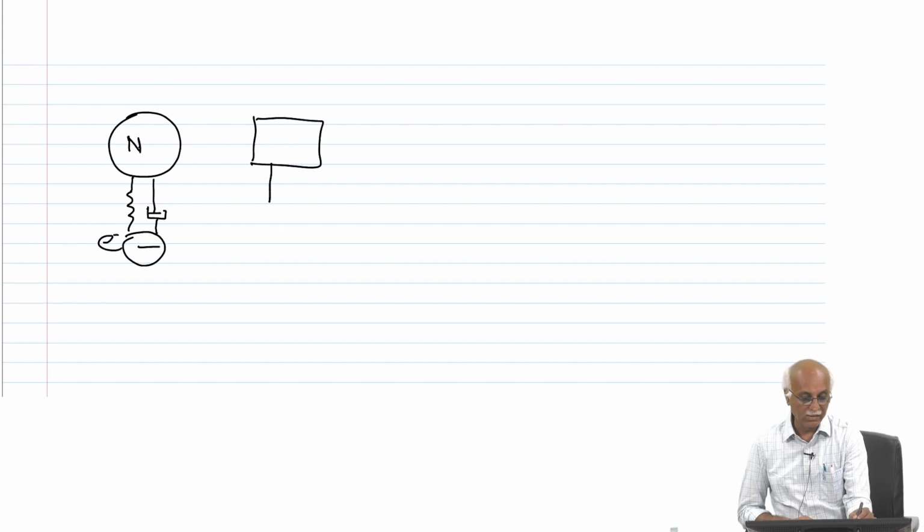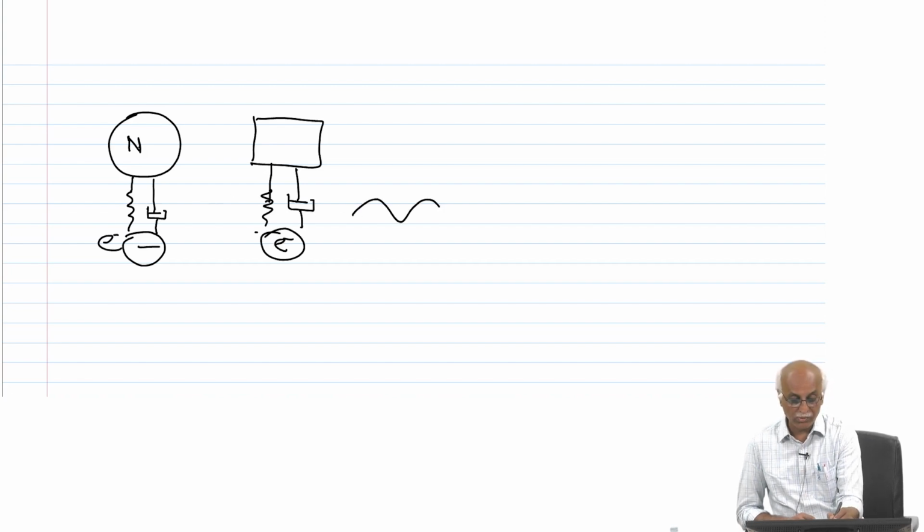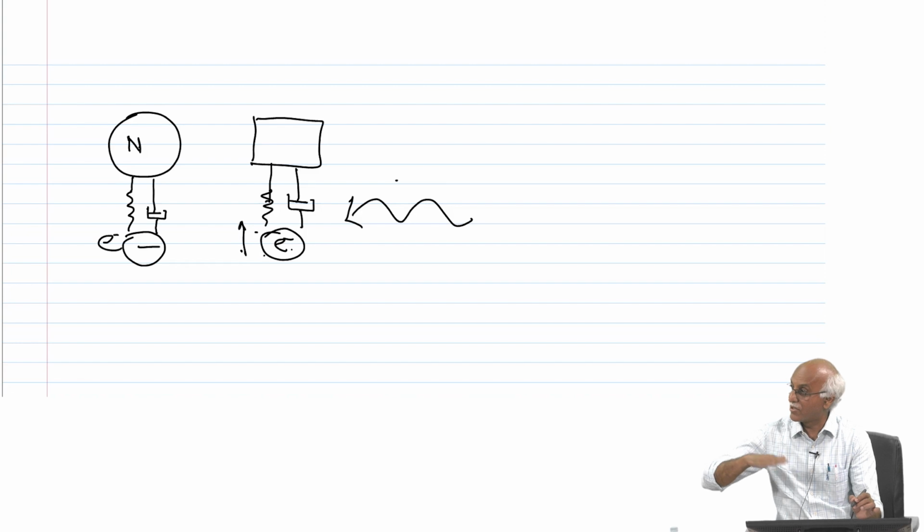And this is an electron, connected to the nucleus with a spring and damper. When an electromagnetic wave comes with a frequency h nu, what will happen? Corresponding to the electrical field oscillations with frequency nu of this electromagnetic wave, this electron will start oscillating. It is a forced oscillation.